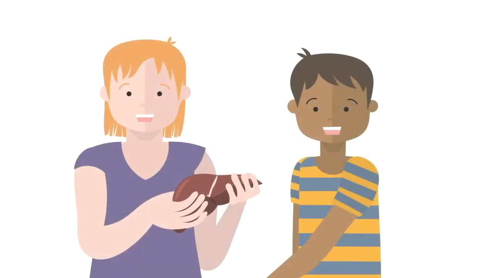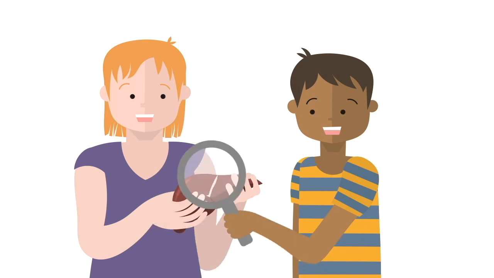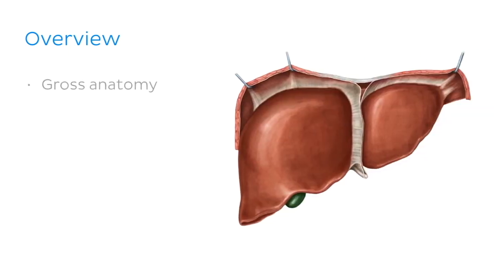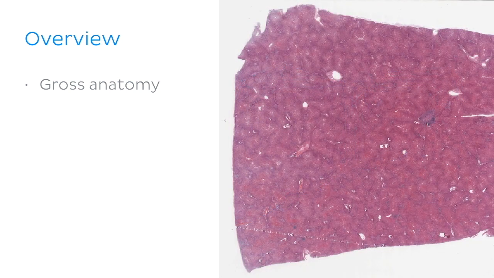So before we literally get into all the tiny details, let's have a quick rundown of all the topics we're going to tackle today. We'll start our tutorial on liver histology by looking at the gross anatomy of the liver and the histological slide that will feature throughout our tutorial. This will be followed by the elements of the stroma, which is the non-functional and structural parts of the liver.